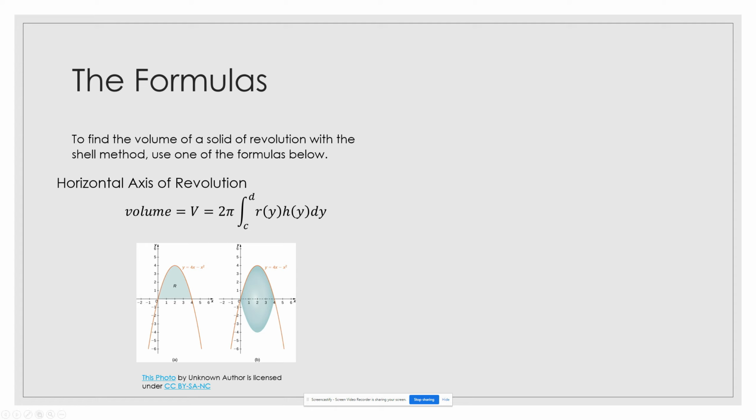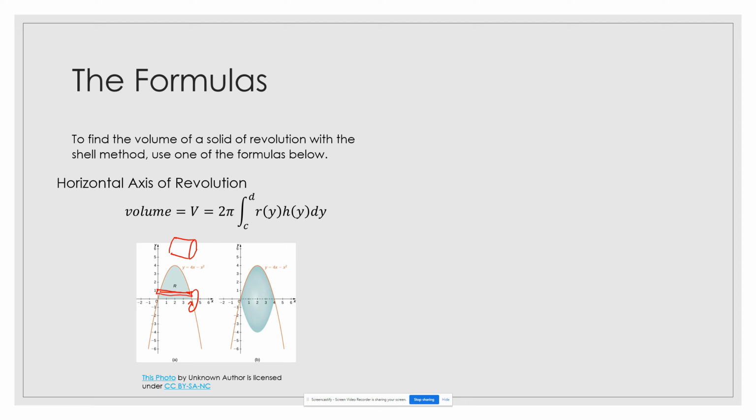Parallel to the axis of revolution, we are going to have a rectangle that looks like this. That rectangle then is going to get spun around, and we are going to make a cylinder like this. And of course, we're going to make infinite of these cylinders to stack inside of each other.